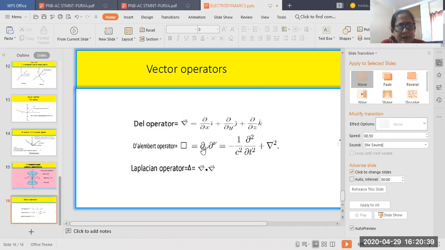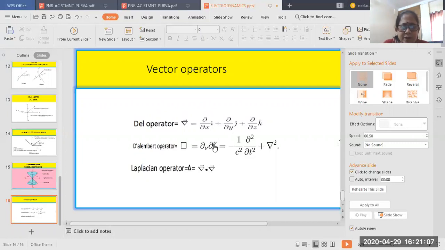A covariant vector gives a positive contribution to a vector. A contravariant vector gives a negative contribution to a vector. If the basis vectors are such that they reduce the dimension of a vector, then we call it a contravariant vector. If it gives a positive contribution, the total gets added up, then it is a covariant vector.